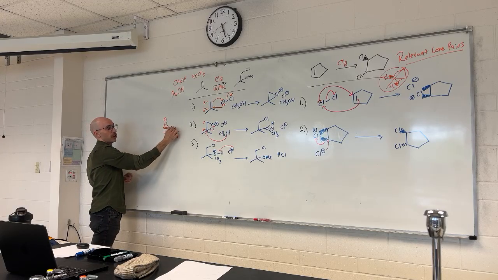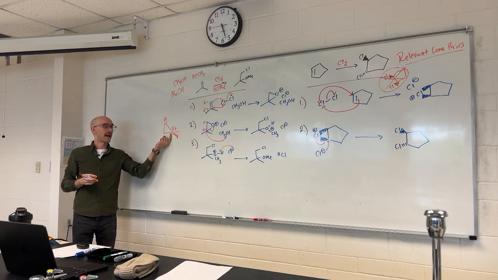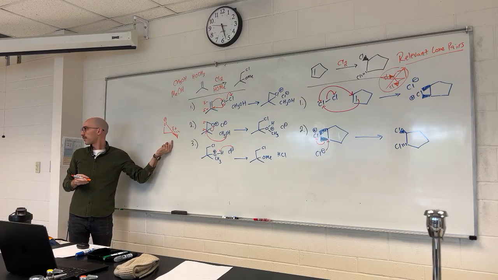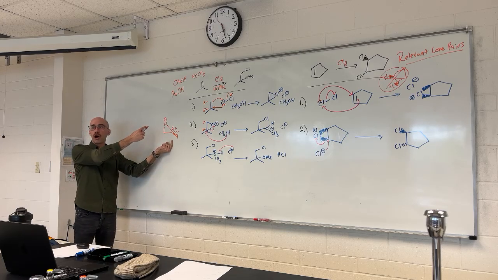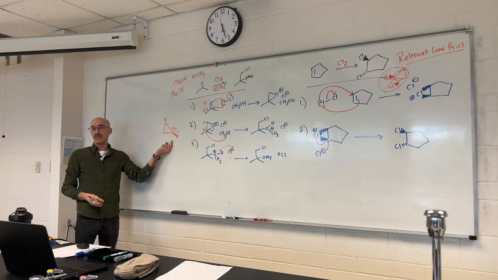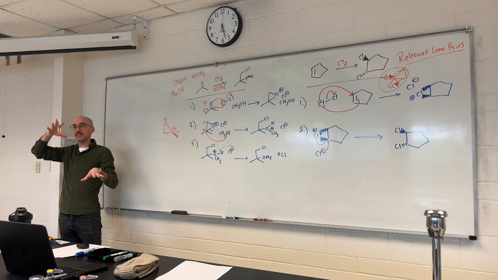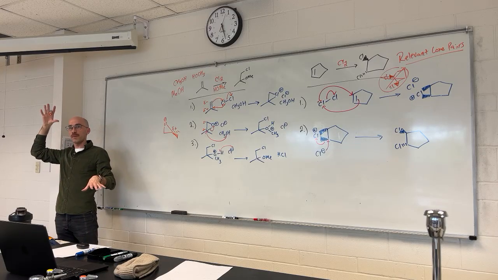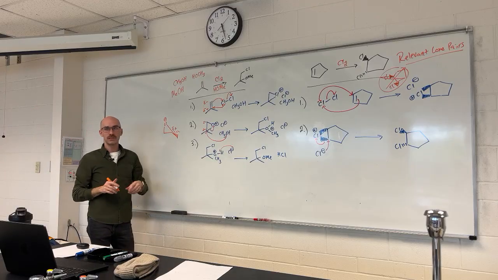That's going to put a larger partial positive. That's going to attract methanol to it better. Yeah? Why is it a longer bond? Because it can stabilize that positive charge better. So if it has less and less electron density, because chlorine is pulling further and further from it, it's going to hold a partial positive, allowing for the methanol to attack.